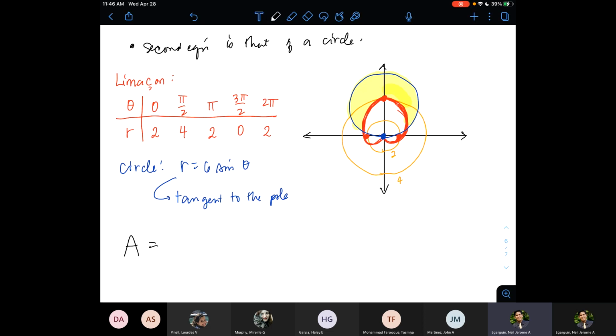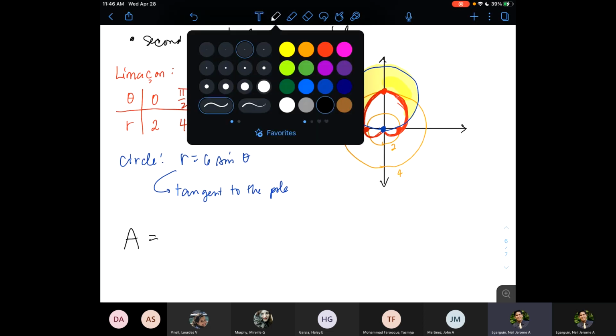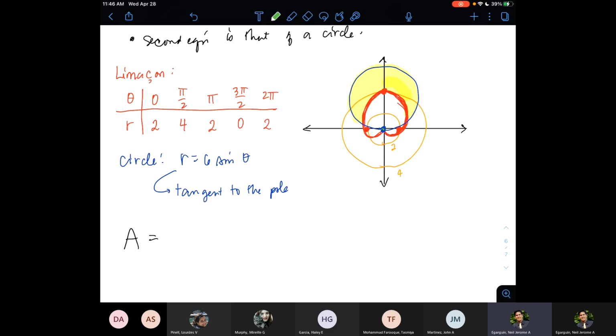Well, we need to find the points of intersection because the region will start here. The region will start at this theta value. This is our theta equals alpha, which we don't know right now. And the ending theta value will be here. Theta equals beta, which we don't know right now. All right, because the region will start there.